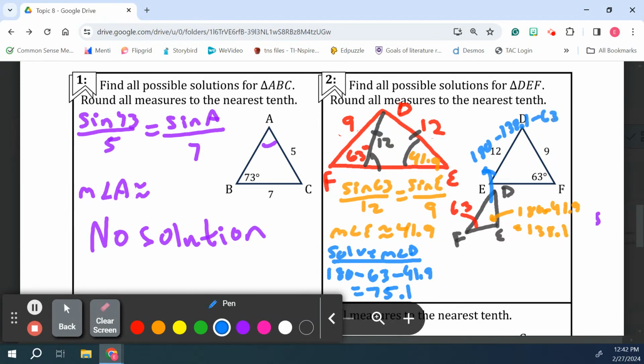What does that give us? -21. So is it not true? So what this means is we have one solution, which is just one triangle. And that's your original. So the only thing left you have to do for one solution is find that third side.